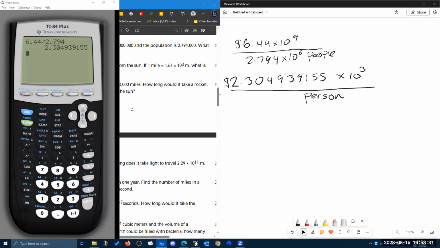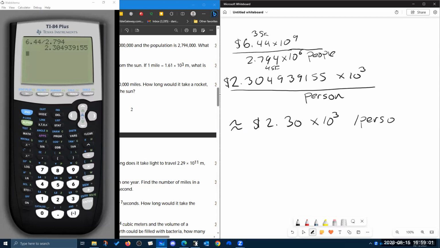Again, this was in 3 sig figs, this was 4 sig figs, so I'm going to make my answer in 3 sig figs. So it's about 2.30 times 10 to the third dollars per person, which means that it's approximately $2,300 per person.